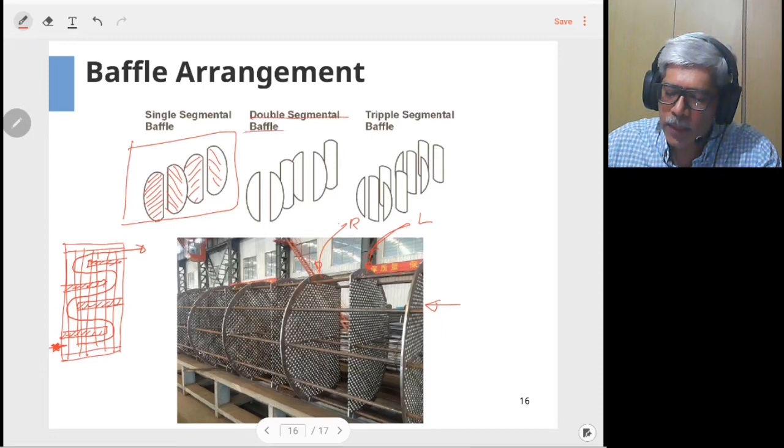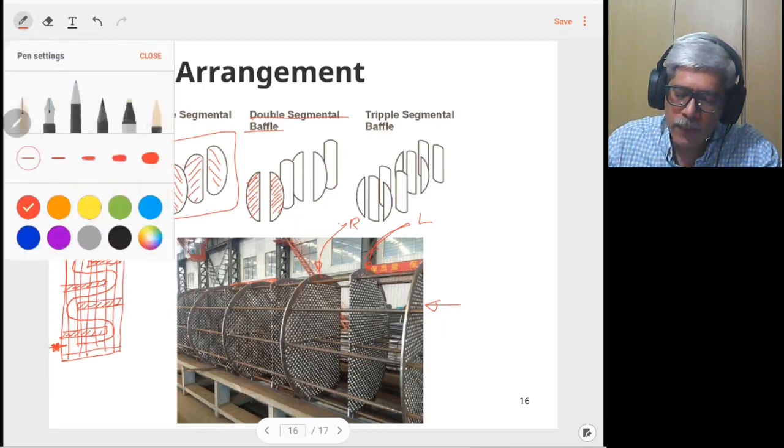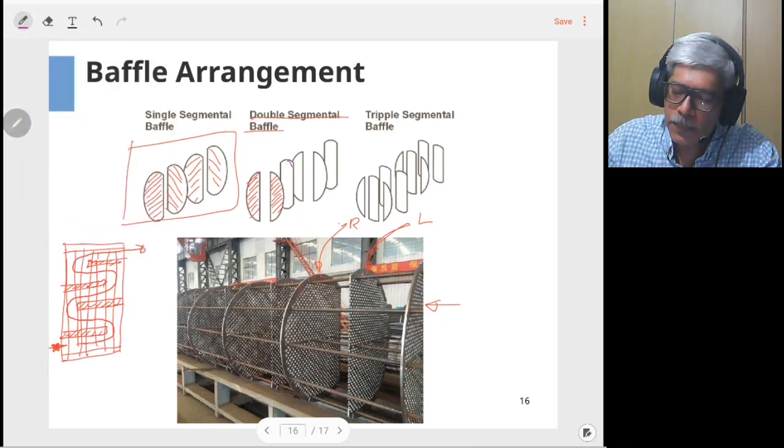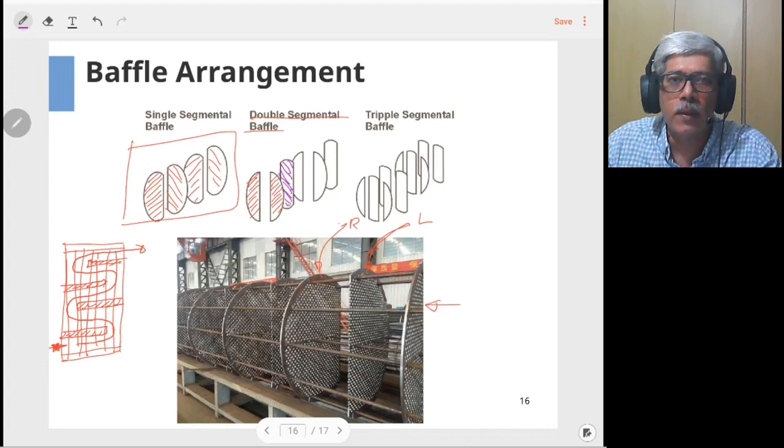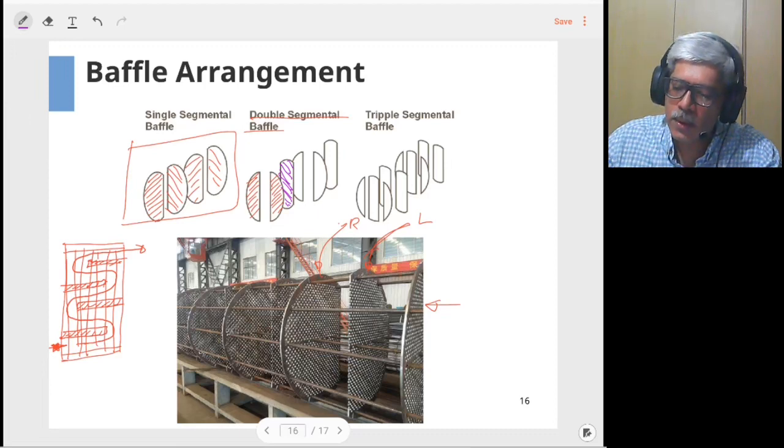Similarly, there are double segmented baffles. In double segmented, one set of baffles has the outer circular sectors, and the second set of baffles has the middle segment, which is a circle with the outer side chopped off. This arrangement keeps on alternating.